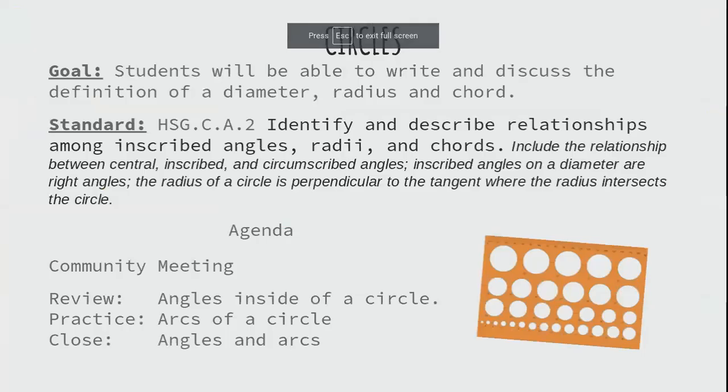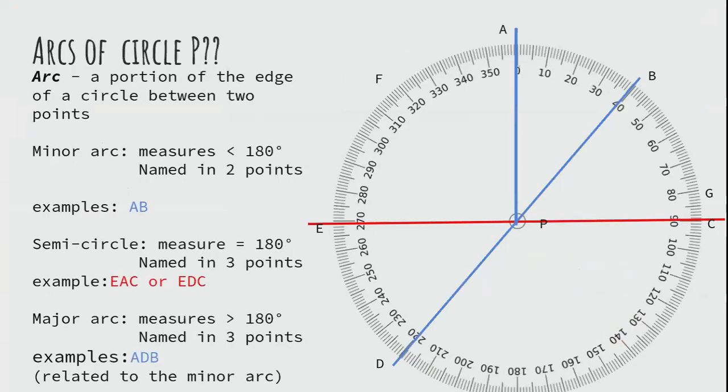So we are in math, we're looking at circles. These are repeats. These were the angles we saw inside the circle and we classified them. These are the arcs. For this slide, I took out the extra pieces so that you can see the minor arc is the arc between point A and point B. A semicircle is half of the circle.